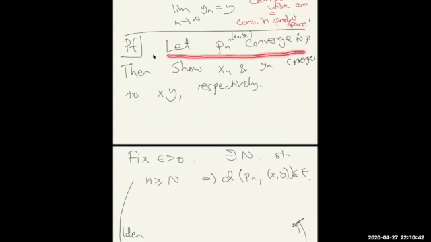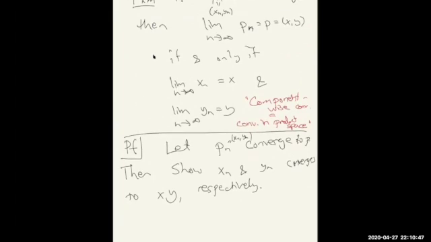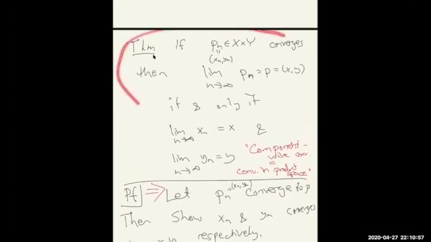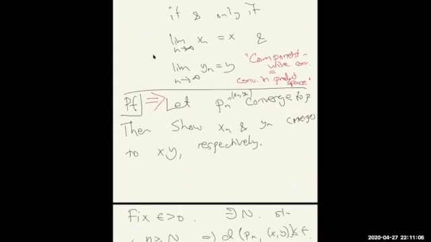So our setup will be, well, we're trying to prove, well, I'm only doing one of these, so I have to decide which direction I do first. So this is doing from the assumption here that if you have a convergent sequence, then you get that the components converge. There is the other direction that will be done later at the end.